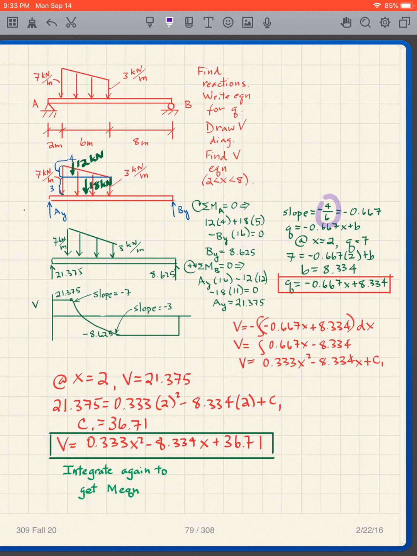The slope is negative 4/6. Why? Because it goes down 4, 7 minus 3 is 4, and the x is 6. And it's obviously a negative slope. So you check this. Make sure you get a negative slope when you see a line sloping downward like that. So the slope is negative 0.667.